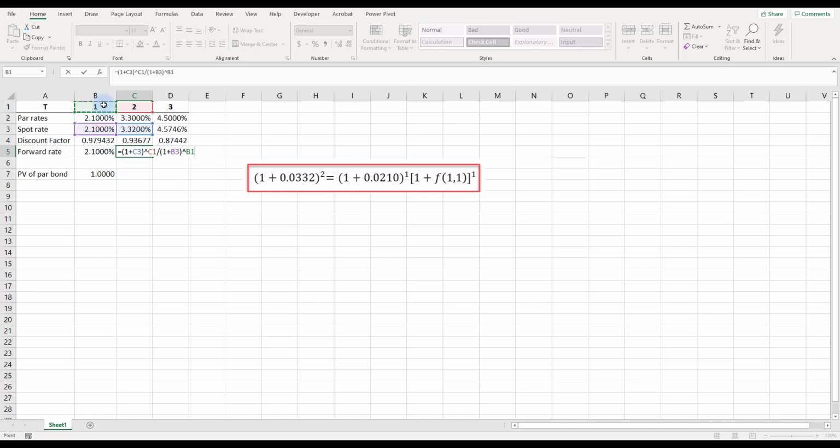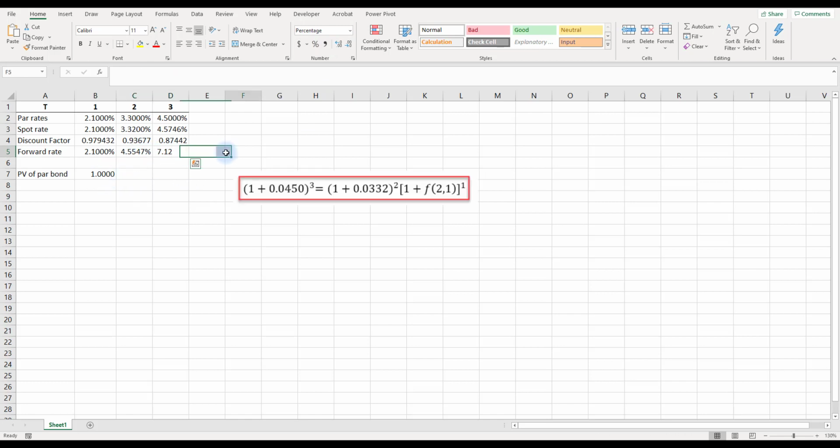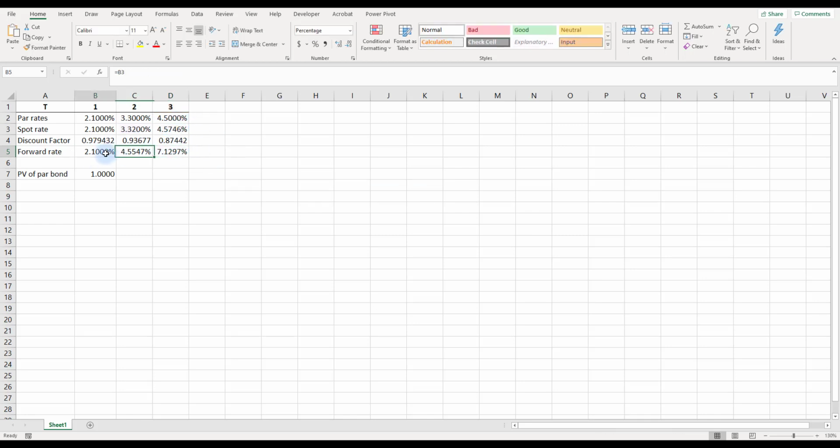So this will give us the total amount. Now we just need to minus 1. So this is our 1 year forward rate starting in 1 year's time, which is 4.5547%. Then I'll copy this over, and then we get 7.1297%. So this is the 1 year forward rate starting from each of these time periods.